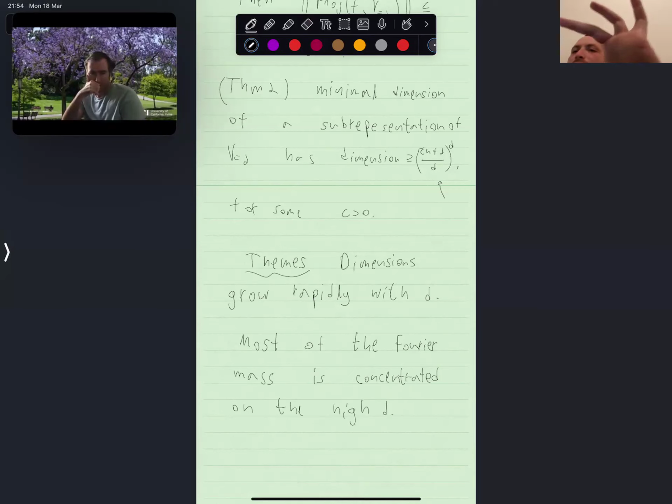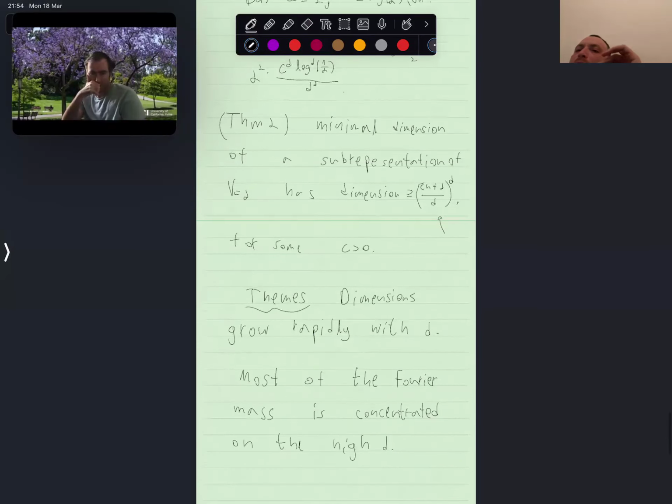And you can use these two facts together to prove the product mixing conjecture. Okay, so I think I'm out of time, so I'll stop.